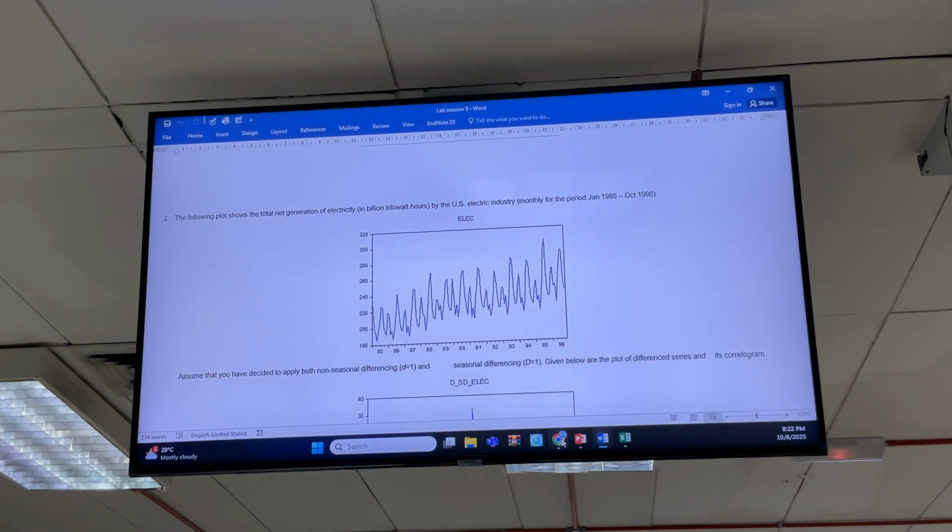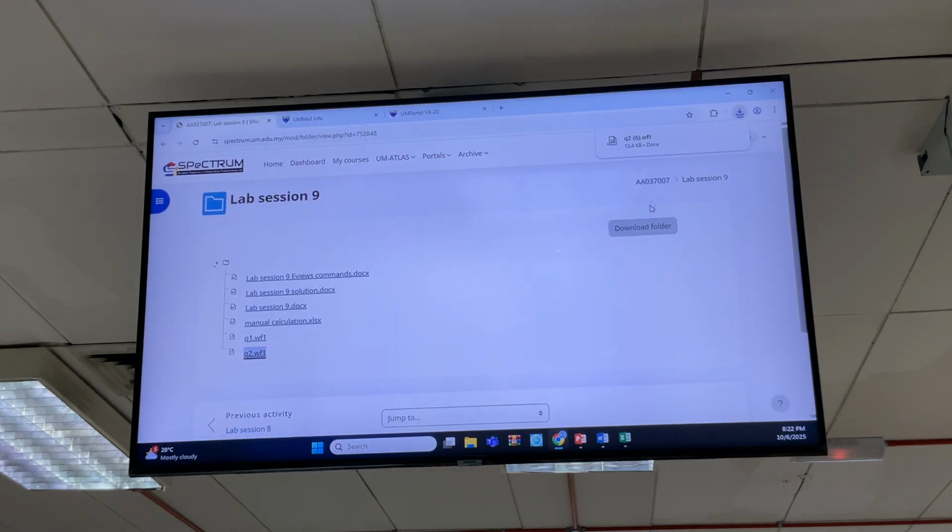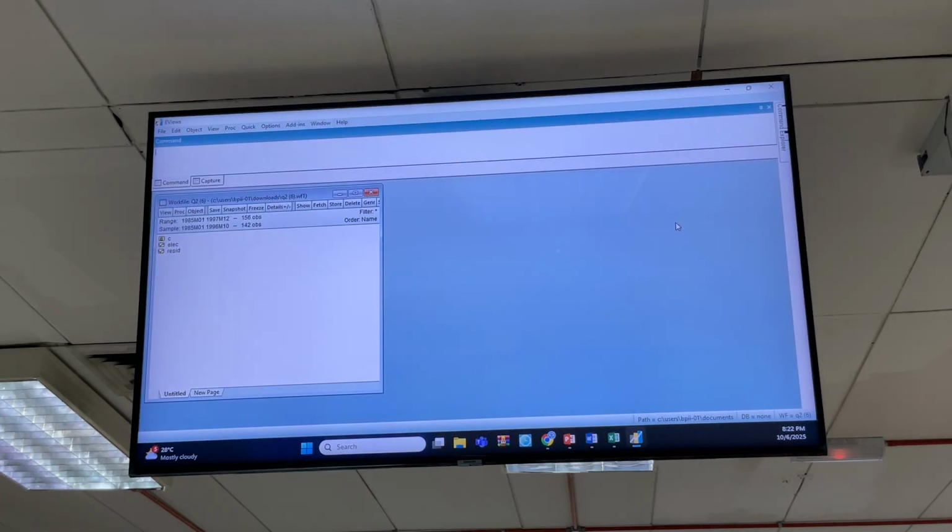So open the second data. After we inspect the data, it is found to have seasonal variation, and it is non-stationary. So we apply seasonal difference.